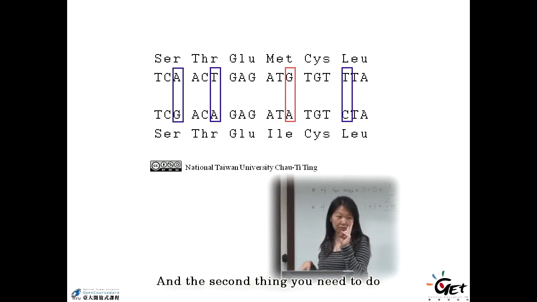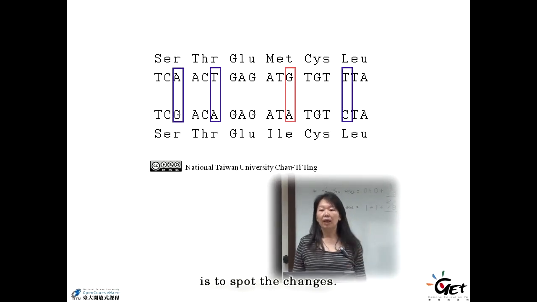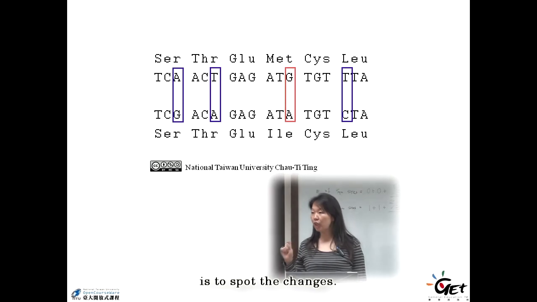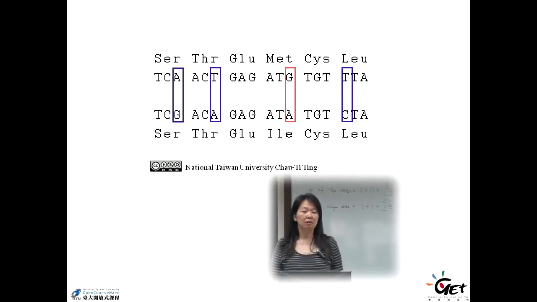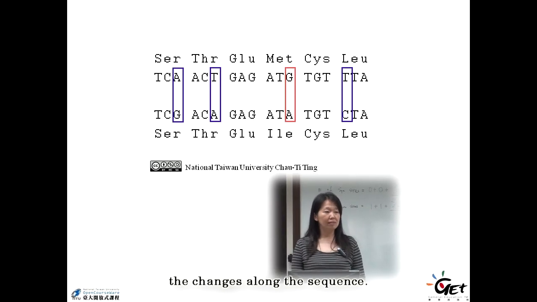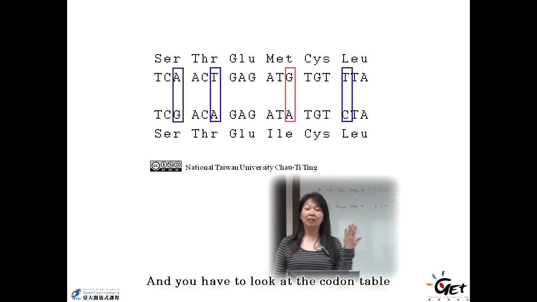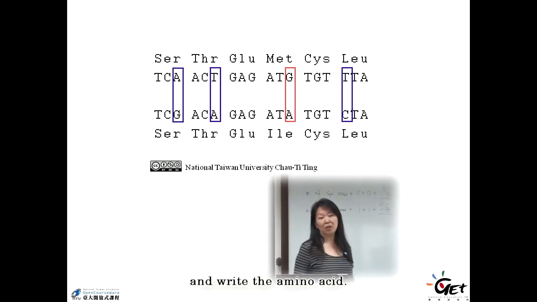And the second thing you need to do is to spot the changes. Okay, here comes two sequences. Then you have to, like here I boxed the changes along the sequence. And you have to look at the codon table and write the amino acid.